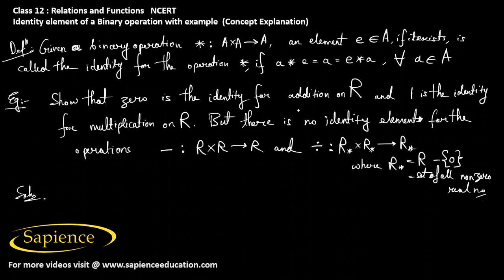We know that the identity element for addition is 0, since a plus 0 is equal to 0 plus a, which is equal to a.